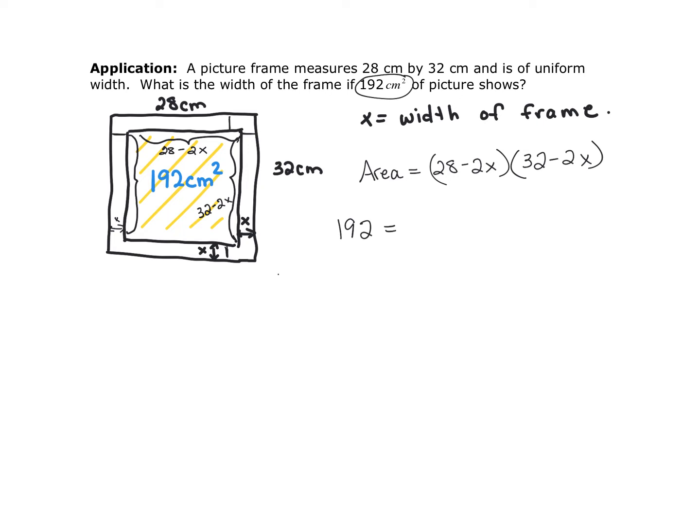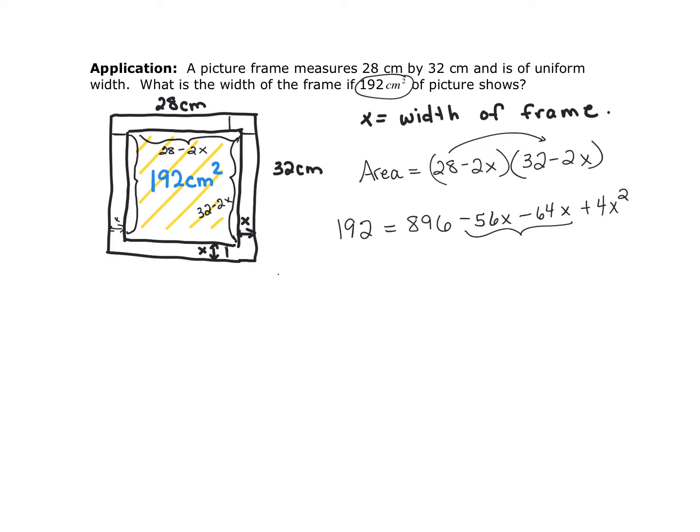So I'm going to FOIL this. 28 times 32 is 896 minus 56x minus 64x plus 4x squared. These are like terms.